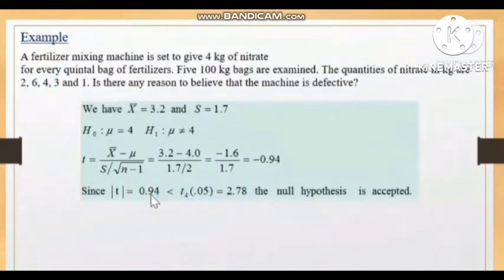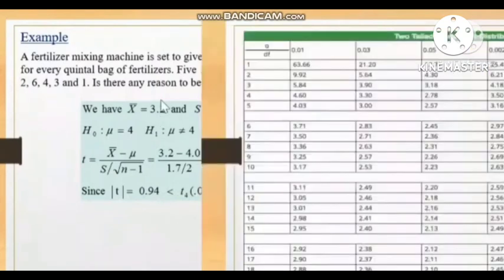Now this 0.94 we would not compare with 1.96. We would take the value of T from the T table at 4 degrees of freedom. Why 4 degrees of freedom? Because the degree of freedom is 1 less than the sample size, that is n minus 1. So this is the T table.